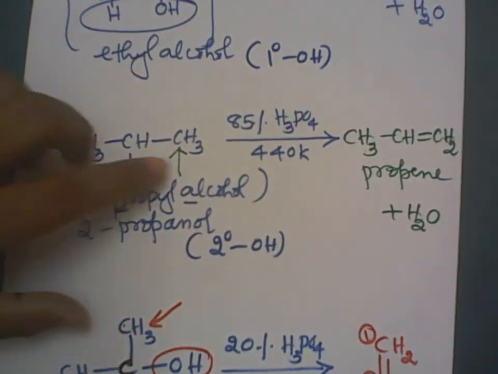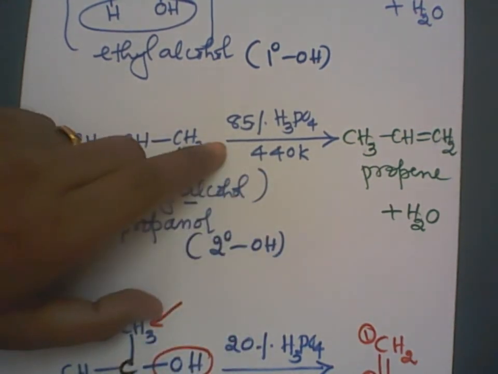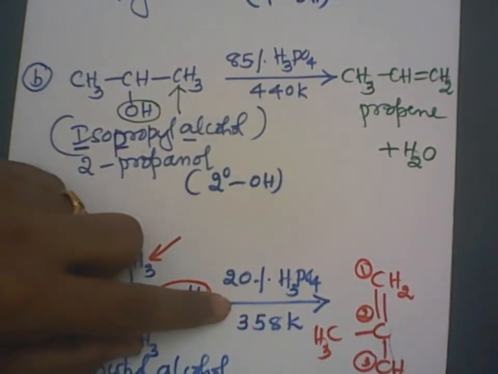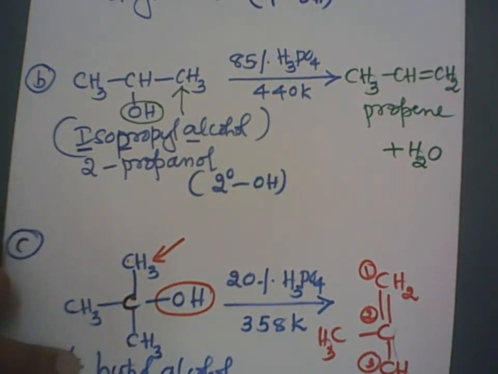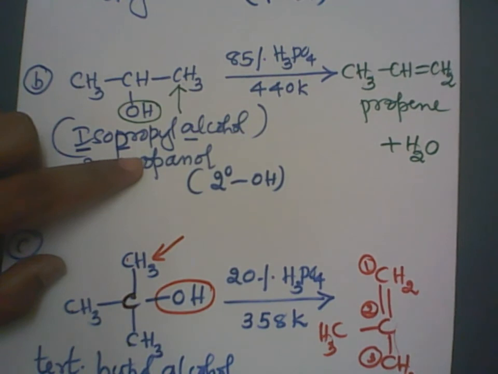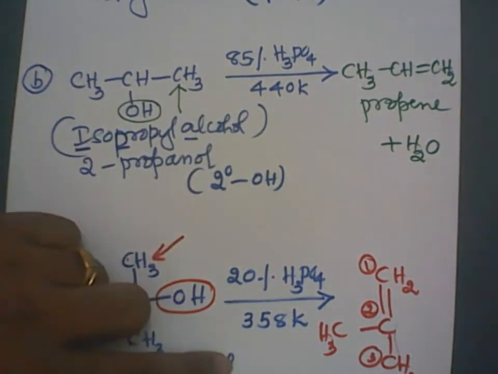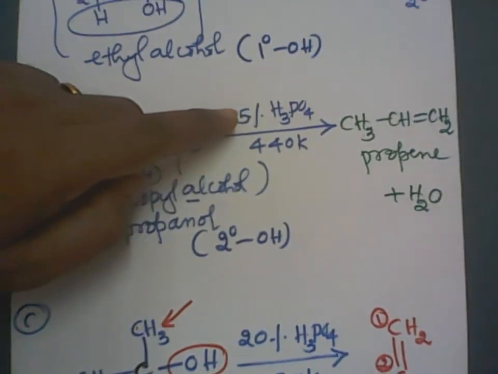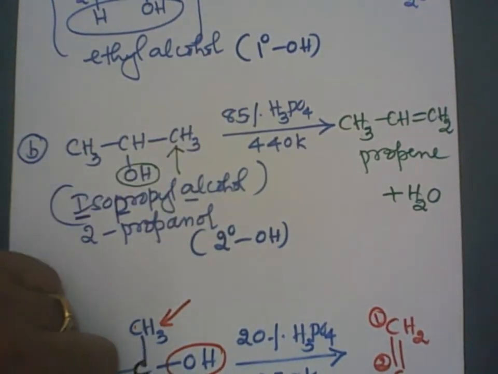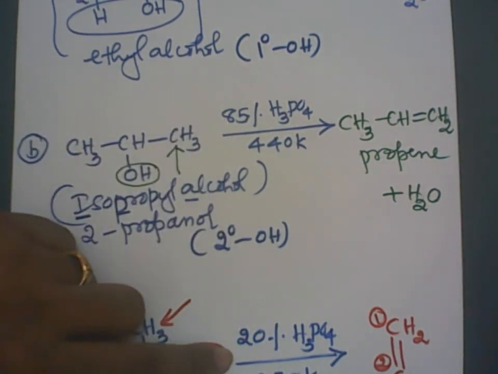See, now compare these two phosphoric acid conditions, correct? 85% at 440 Kelvin, 20% at 358 Kelvin. From secondary alcohol to tertiary alcohol, a lower temperature is required for the tertiary alcohol. Also, the concentration of the acid used goes from 85% to 20%.